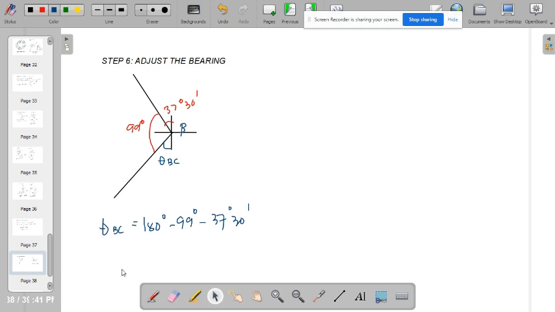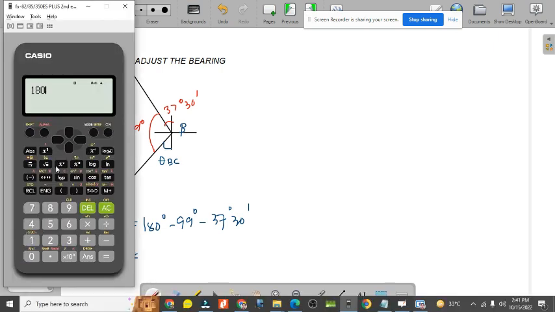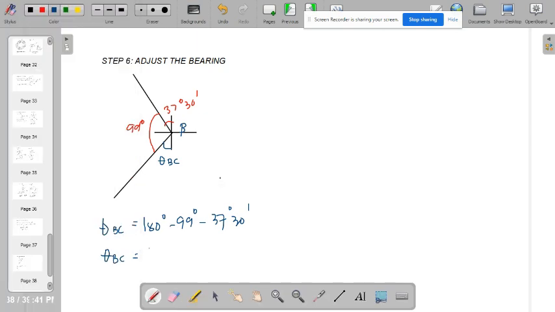So, angle BC is equal to 180 degrees less 99 degrees less 37 degrees and then 30 minutes equals 43 degrees 30 minutes.